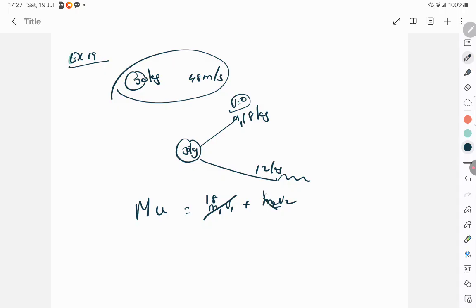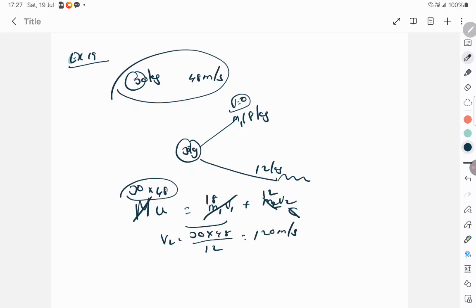And m2 is nothing but 12, and they are asking you to find this velocity. This is 30, and this is 48 meter per second. So you can multiply this and take the 12 to the other side, and you will get the value for velocity v2 to be 30 into 48 by 12, and the value is 120 meter per second.